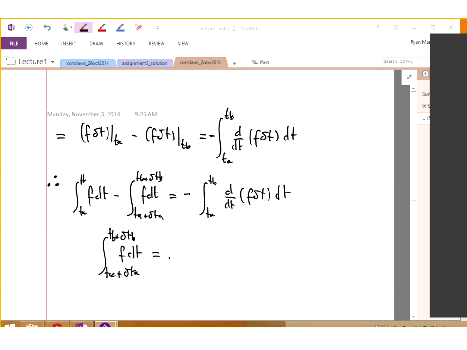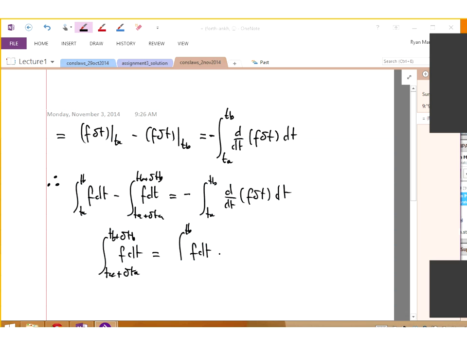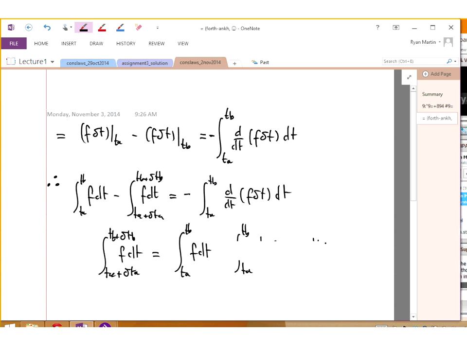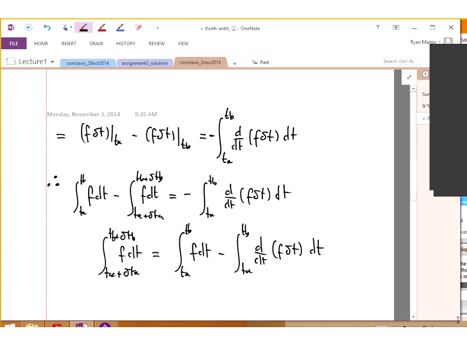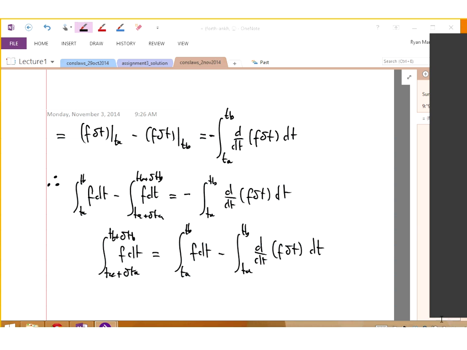Just rearranging, that's equal to the integral from TA to TB of f dt minus the integral from TA to TB of d by dt of f delta t dt. That's so that I can remove the delta t's from the limits of the integral by writing it as two different integrals.